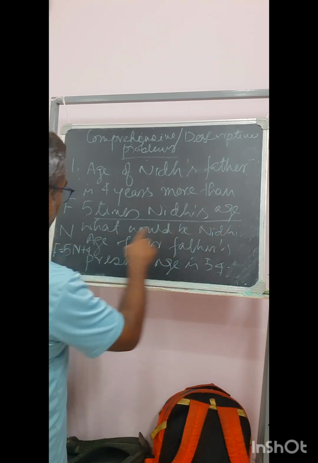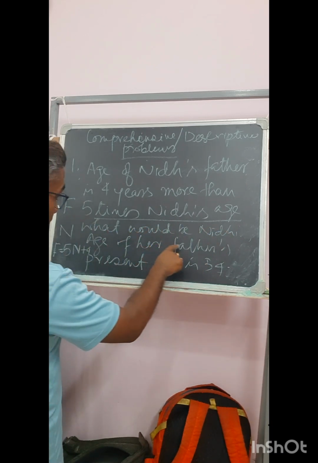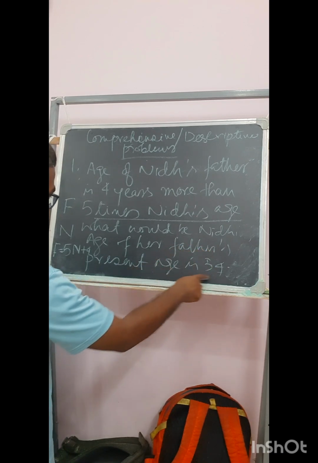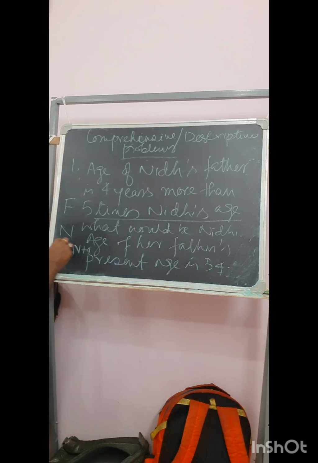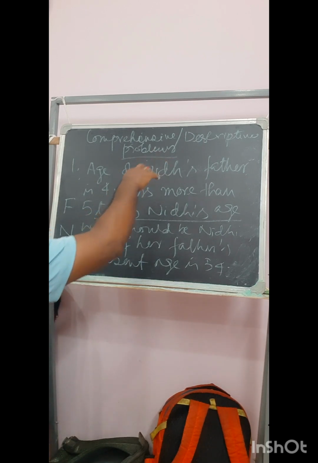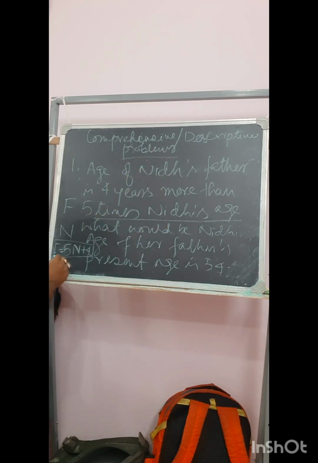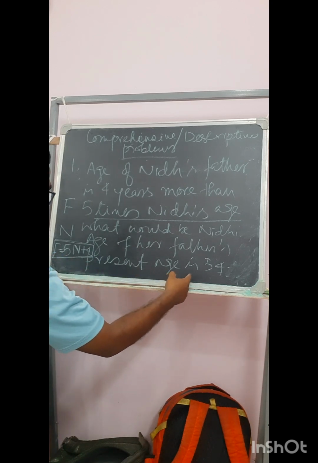What would be Nidhi's age if her father's age is 34? Now this is the empirical formula for the relation between Nidhi and Nidhi's father. This stands good for any value of n and f. Now one such value is given, that f is equal to 34.